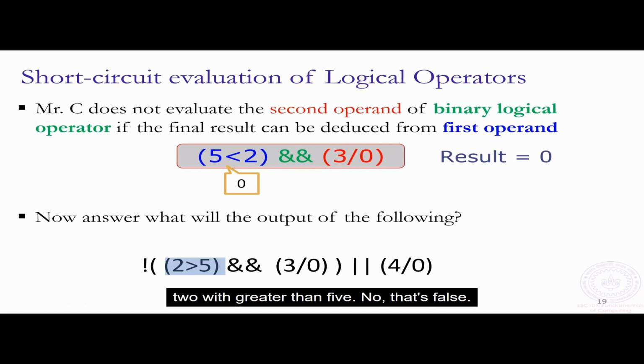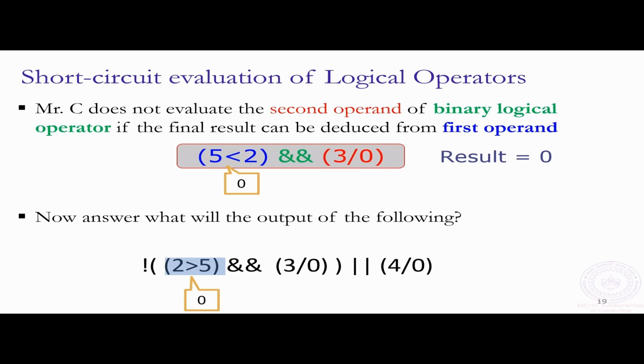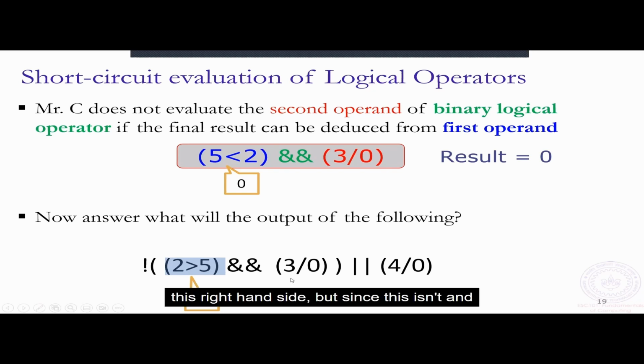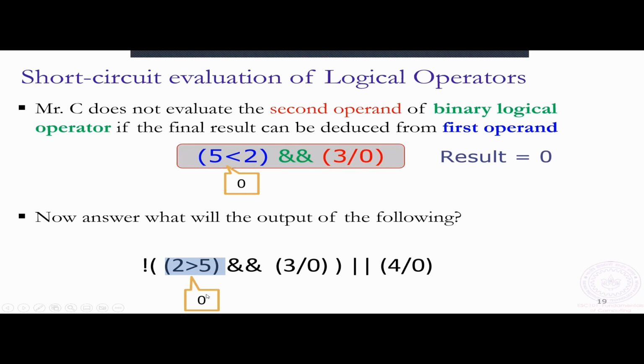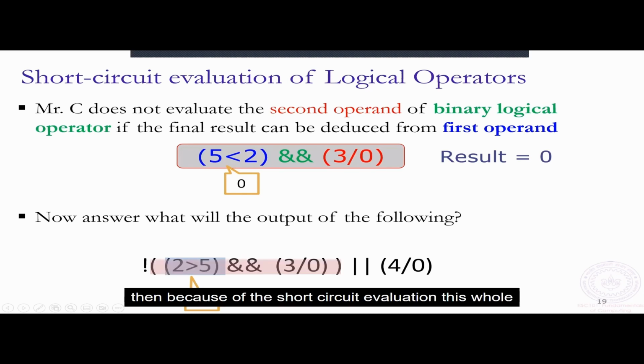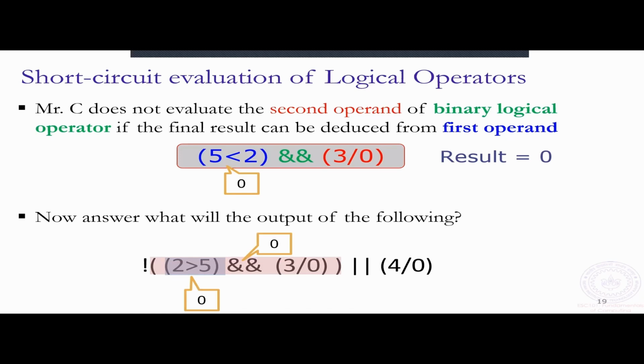2 is greater than 5? No, that's false. So you get a 0, and the 0 is being evaluated against this right hand side. But since this is an AND, then because of the short circuit evaluation, this whole thing is evaluated to 0 to begin with.